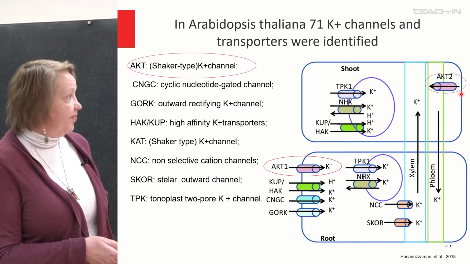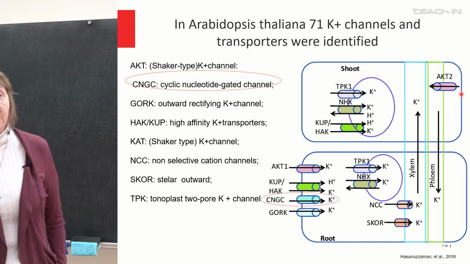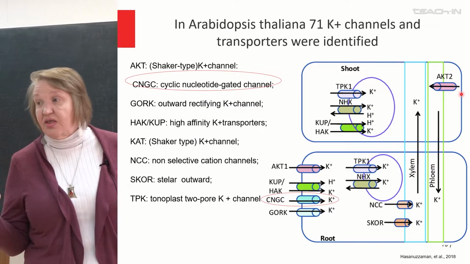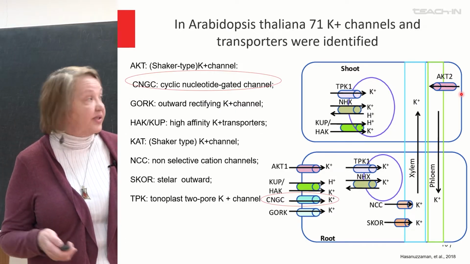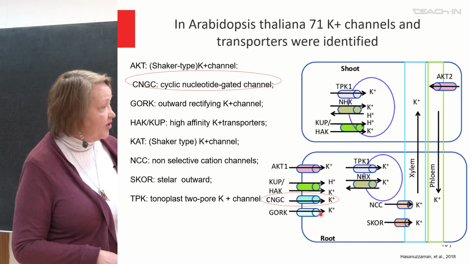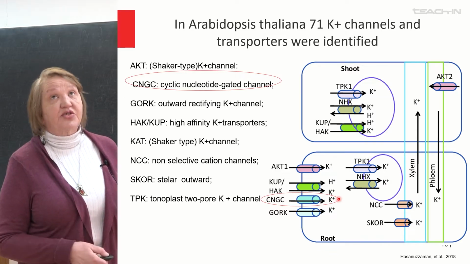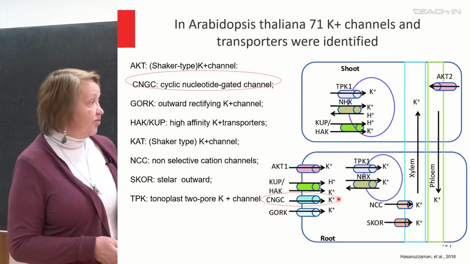Then there are cyclic nucleotide gated channels, which are by definition ligand gated channels. Here you see a cyclic nucleotide gated channel that is transporting potassium into the root.